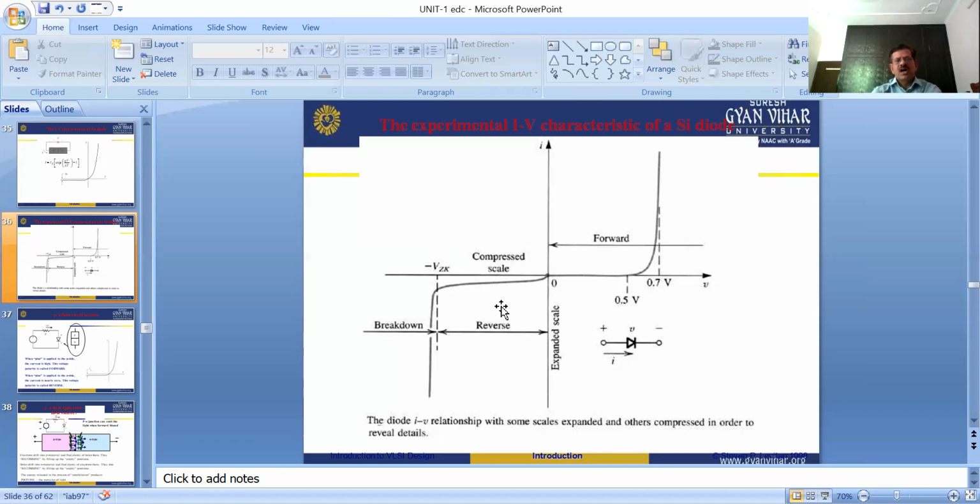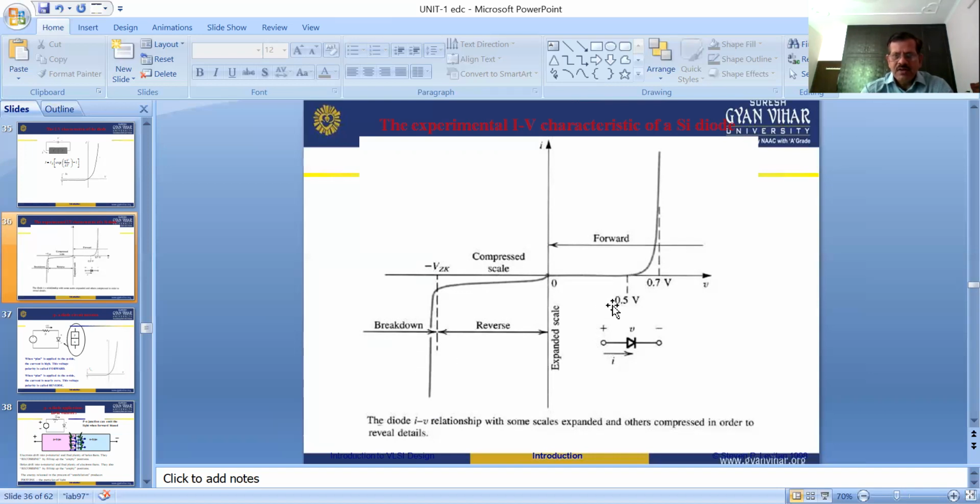This phenomenon is called the breakdown phenomenon, where the current increases rapidly or suddenly with the voltage. This breakdown phenomenon occurs in the reverse bias condition of the PN junction diode.